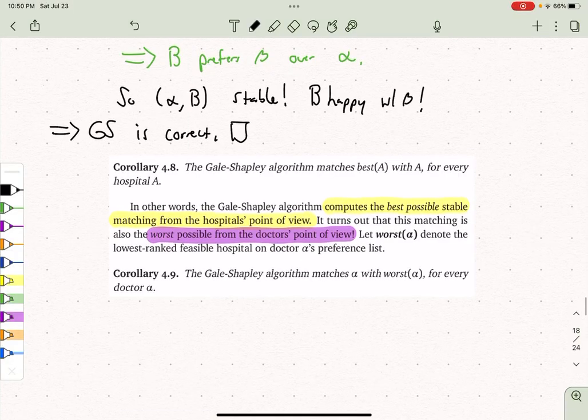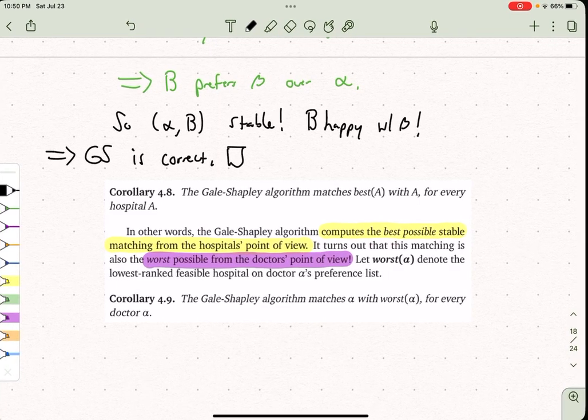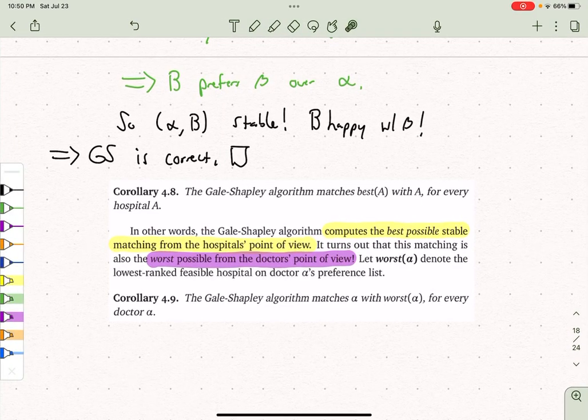So now one more interesting thing about this algorithm is that it will always be best from the hospital perspective. The algorithm always computes the best possible stable matching from the hospital's point of view, which is also the worst possible from the doctor's point of view.